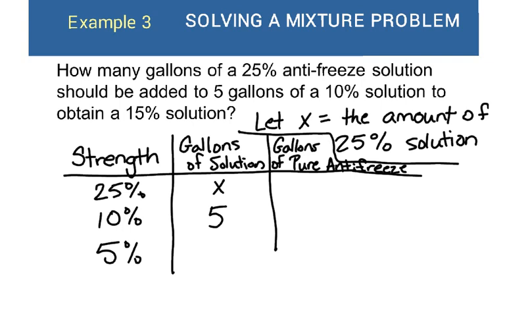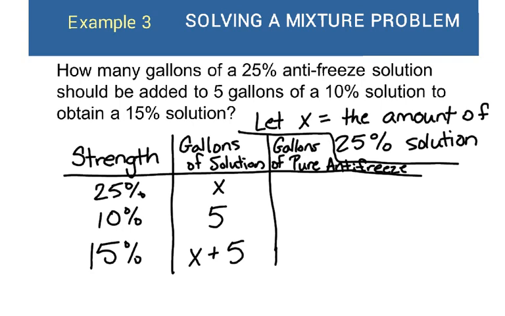And then we're mixing these 2 solutions together to get our 15% solution. So what we're going to do here is add these 2 gallon amounts together. So x plus 5. That's our mixture, adding these 2 solutions.